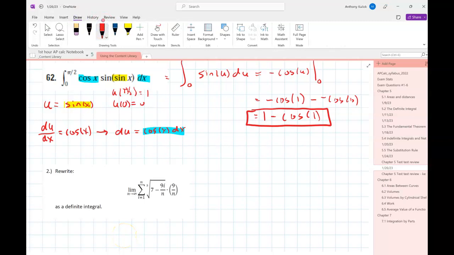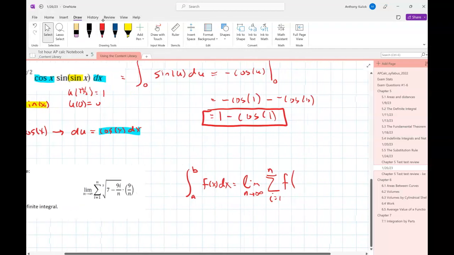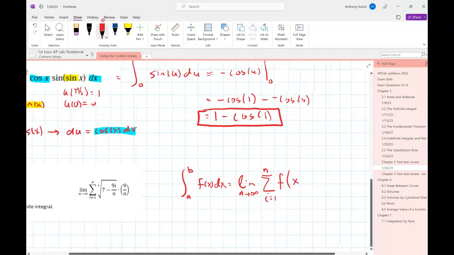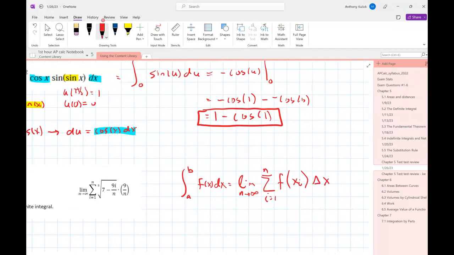So to do this, I'm going to remember that the integral from a to b of f of x dx is equal to the limit as n approaches infinity of the sum from i equals 1 to n of f of x_i times delta x.